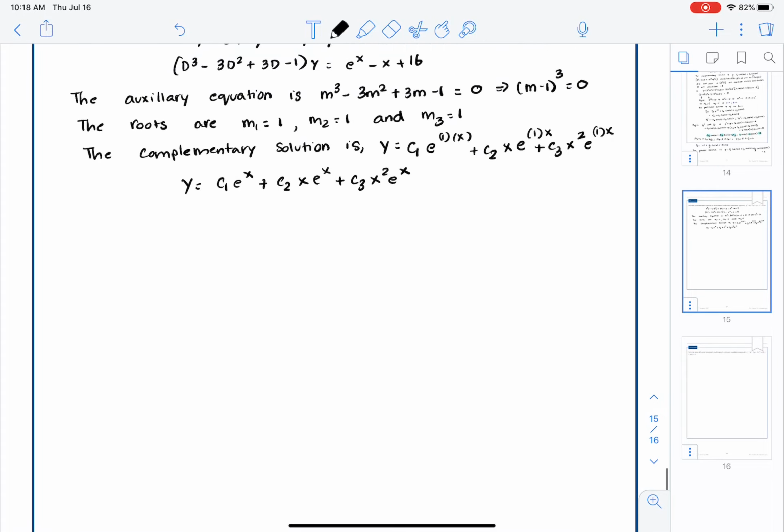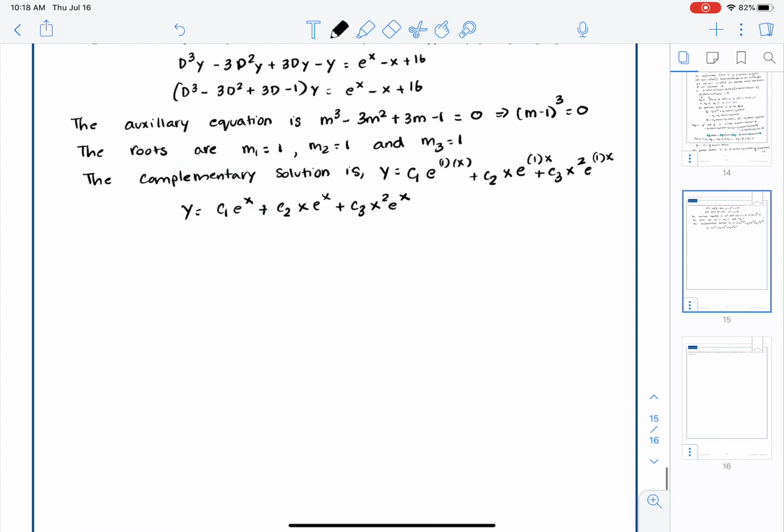Now we have to find the particular solution. We see an e raised x term, and a 16. We know that D minus 1 annihilates e raised x. D squared annihilates x.